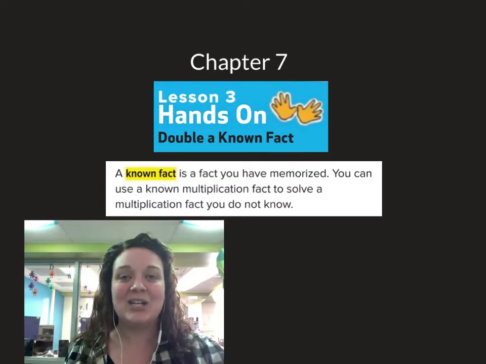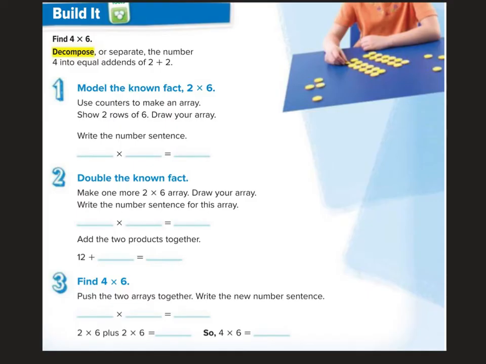So let's get started. When we're trying to find a product like 4 times 6, we can decompose or separate the number 4 into equal addends of 2 plus 2. Here's how that would look.